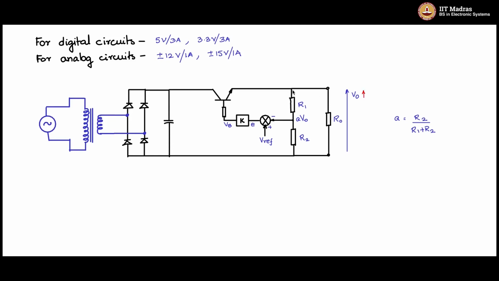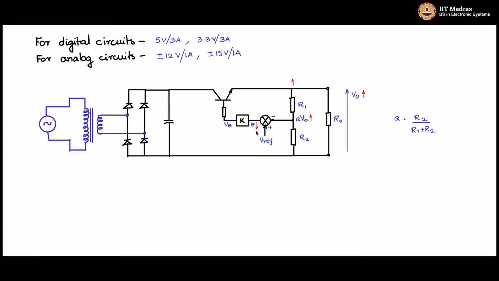Once V0 increases, the potential at this point has increased, which implies that the potential AV0 has increased. And because AV0 has increased, this is at the feedback point, negative feedback point, Vref has not changed, and therefore error, which is Vref minus AV0, will reduce.